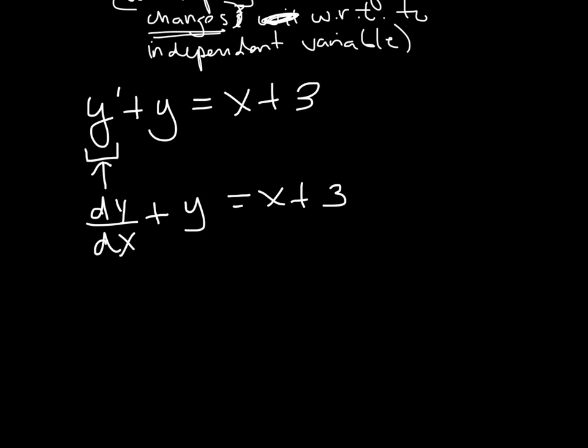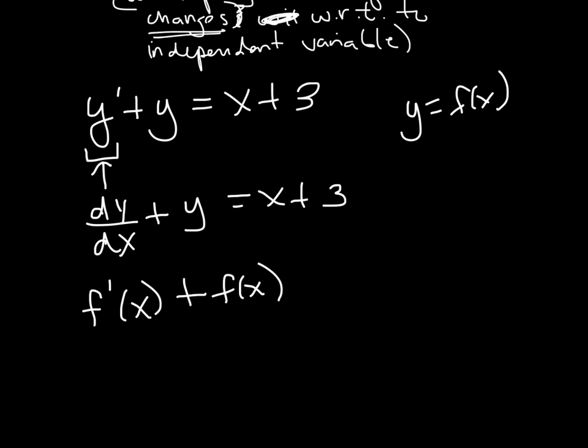And we can also write it as a function, f for function, f prime of x plus f of x, because we know y is a function of x, that's why I can replace that. So these are all valid ways to write a differential equation.